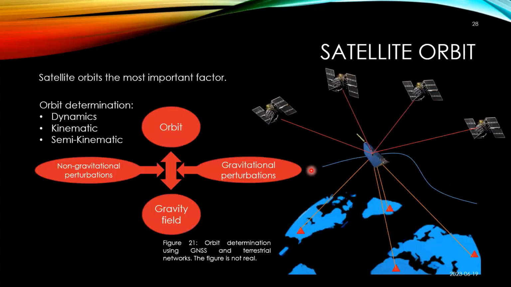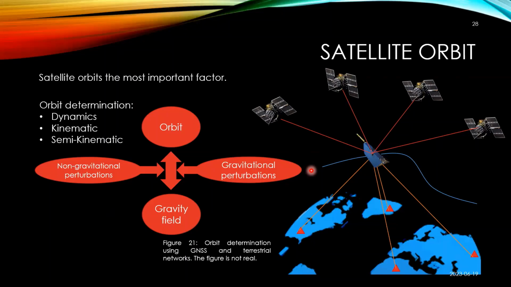The first thing which is important for any space or satellite geodesy or satellite gravity is the orbit. This orbit, as you see in the figure, can be determined from ground stations, like for example SLR and the DORIS system that I already explained, even with higher orbiters like the GNSS system.